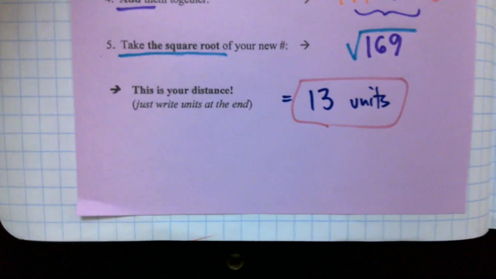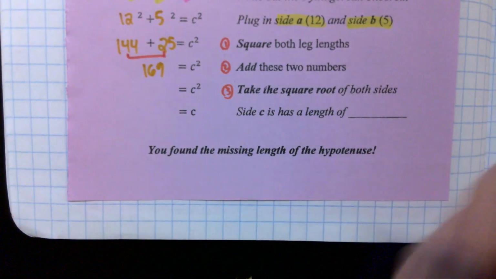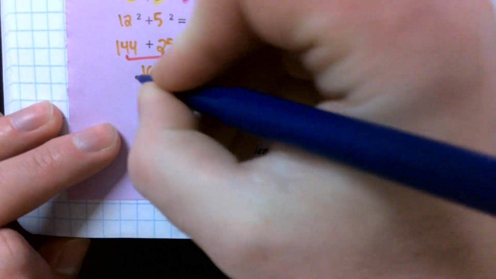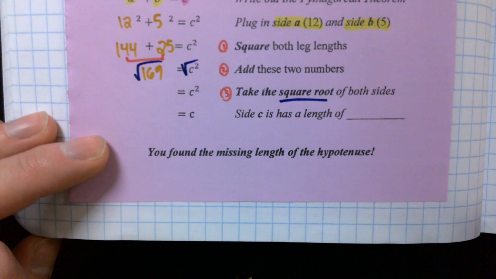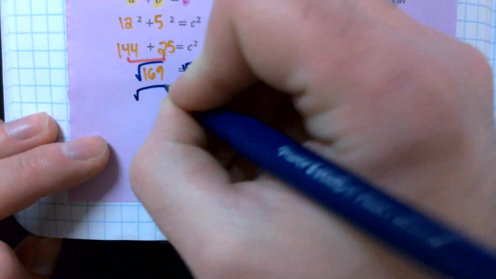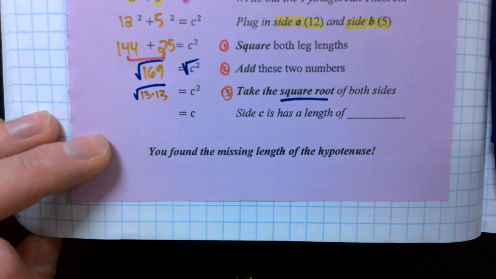Now we're just doing the exact same thing. If c squared equals 169, I need to take the square root of both sides. Right? The square root of 169 is 13 times 13.